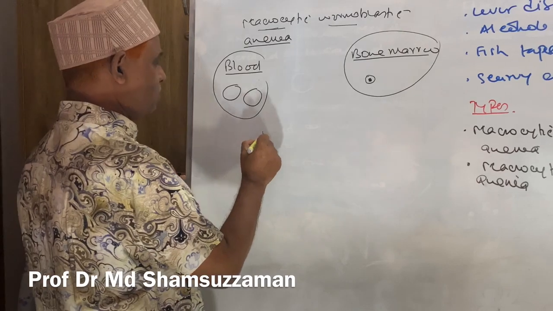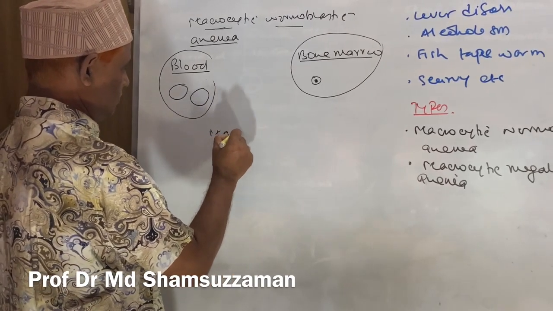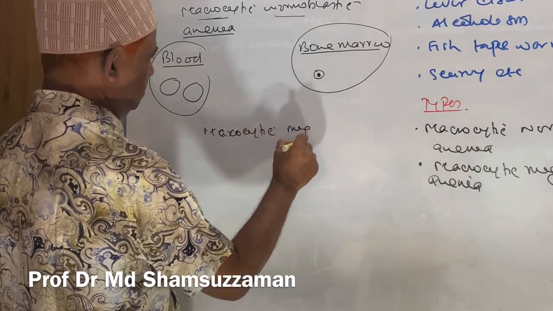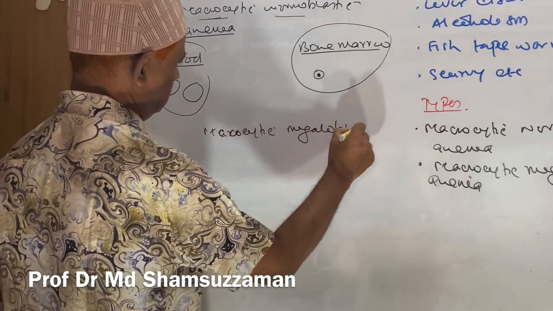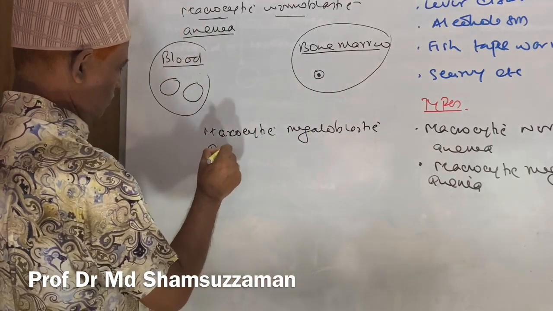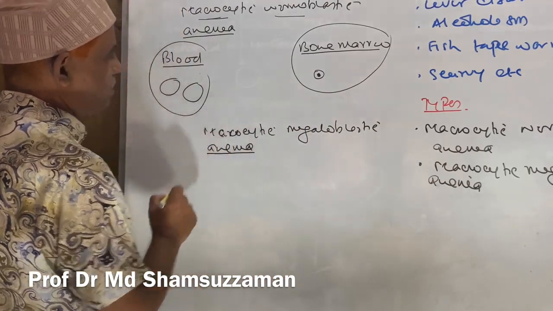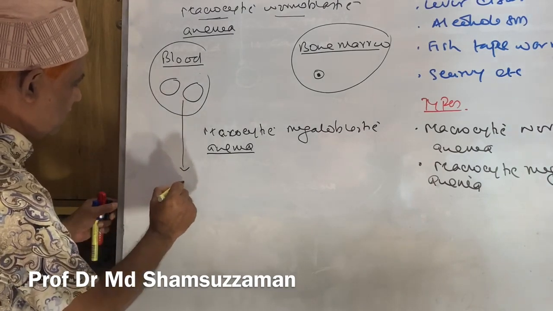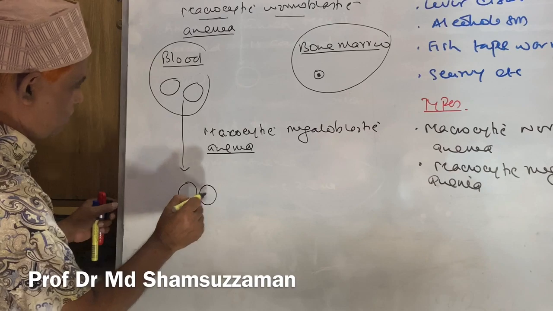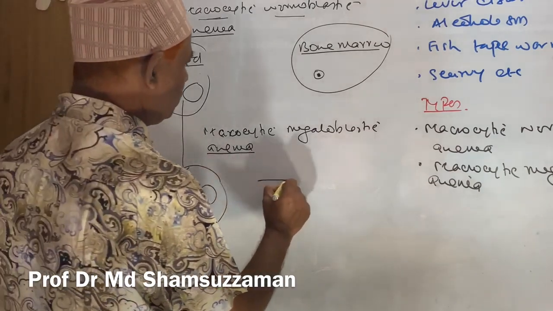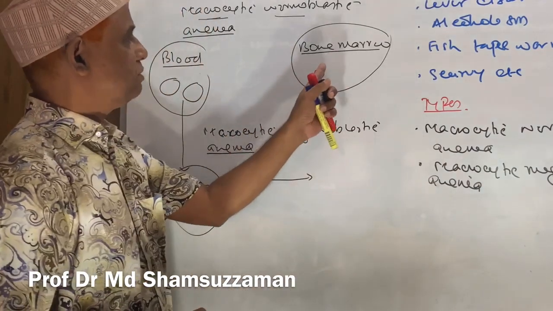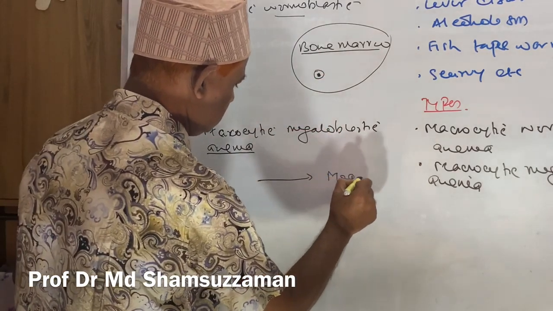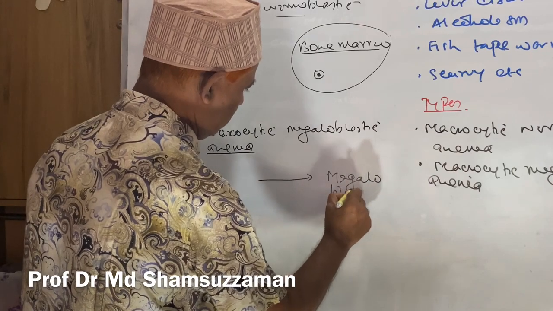Now in case of macrocytic megaloblastic anemia, what will we get? In the peripheral blood, again we will get macrocyte. But in the bone marrow, we don't get normoblast, we get megaloblast.